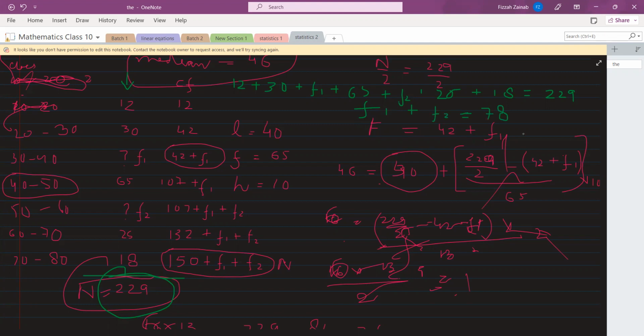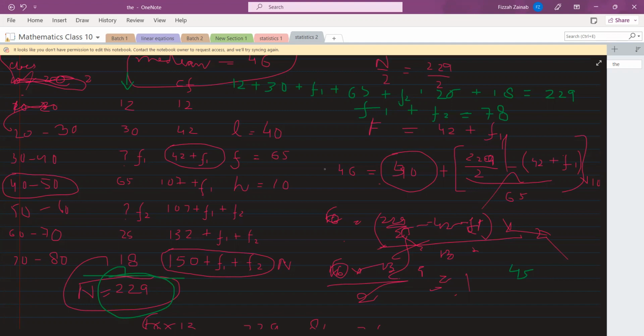Understand? So F1 was 34. So how much will be F2 here? 78 minus 34, that means 45. This is okay, Martin? Yeah, from here also. So you better do it this way, right?